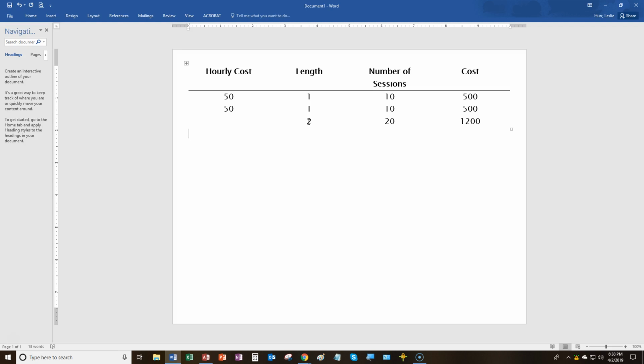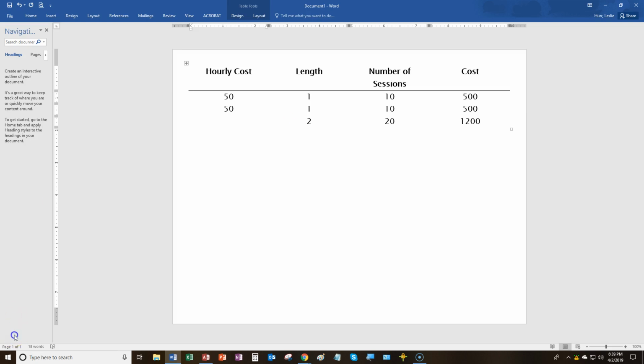I'm going to take this times this, divide it into this. So 1,200 divided by 40, I'm going to get 60, I think, right?